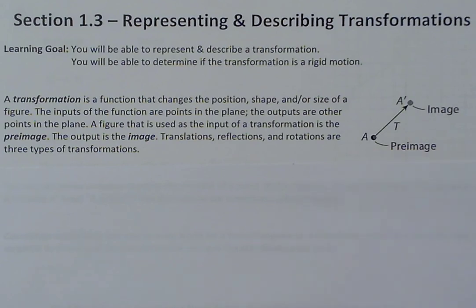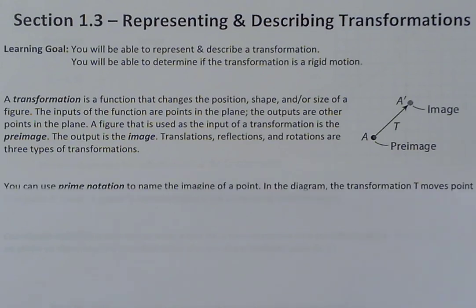So if we look at point A here, point A is our pre-image, and it was translated along this vector to its new spot, or its now image. Okay. Now, a way that we can keep track of what point was moved where is a little bit of notation, and that's going to be prime notation.